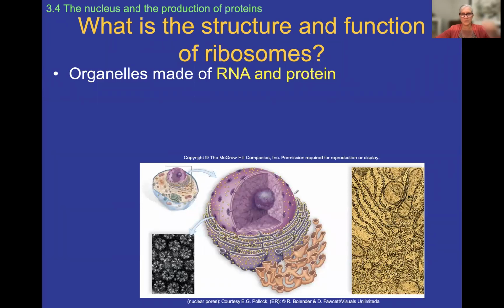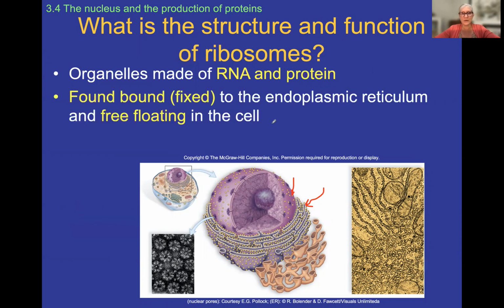So in this picture, the ribosomes are represented by all these little yellow dots. All right, so ribosomes are on the outside of the nucleus. Ribosomes are attached here to an organelle called endoplasmic reticulum. Those are ribosomes. So not important that you know what they're made out of, but we know they locate in two places.